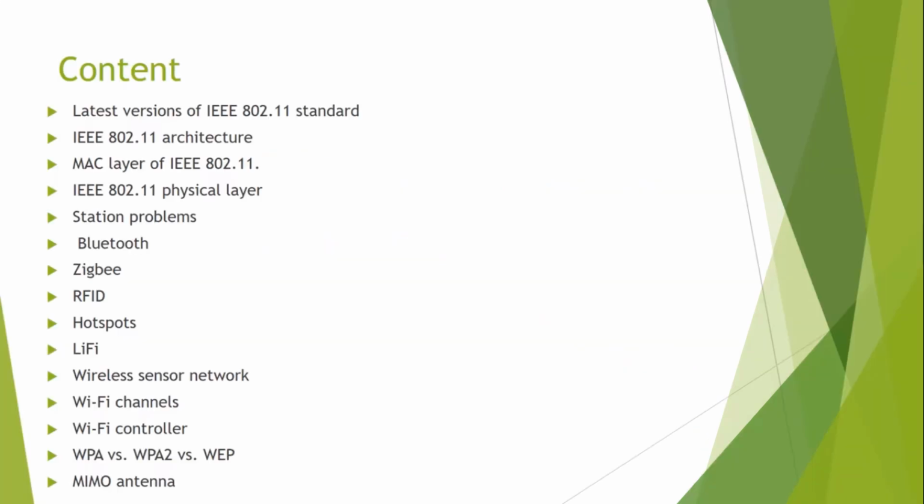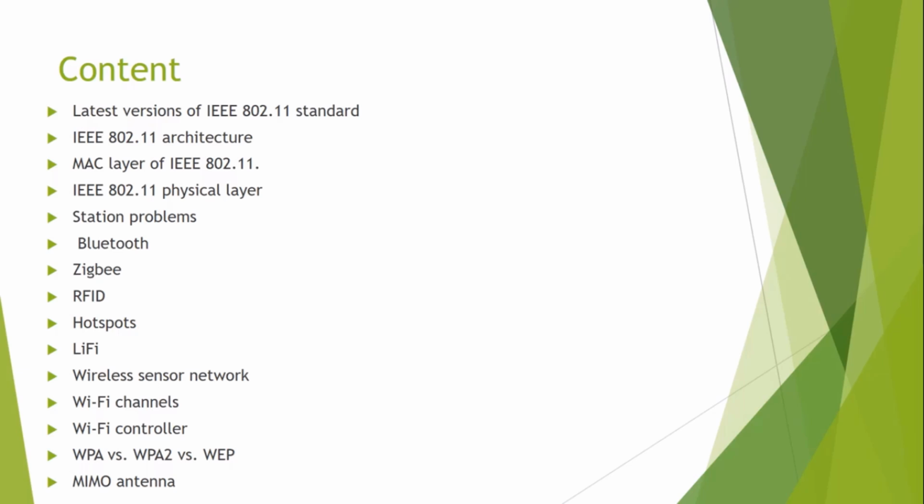Okay, this is the content I'm going to talk about here. First one is the latest version of the IEEE 802.11 standard. Next one is the IEEE 802.11 architecture. Next one is the MAC layer of IEEE 802.11.